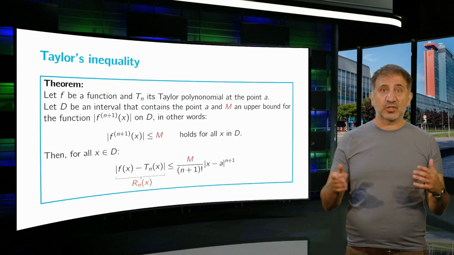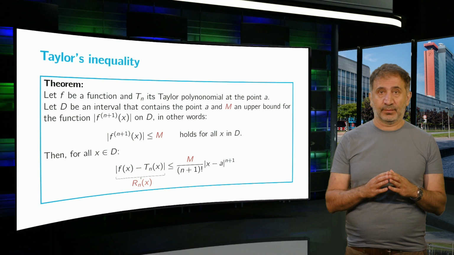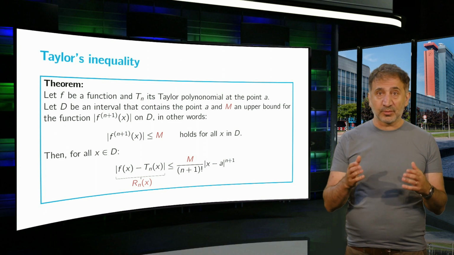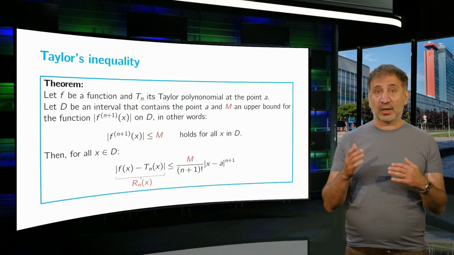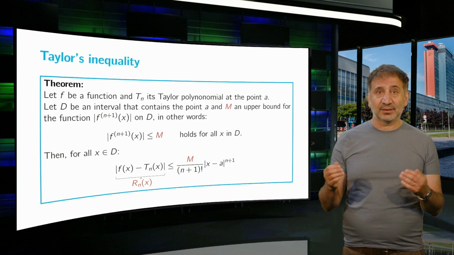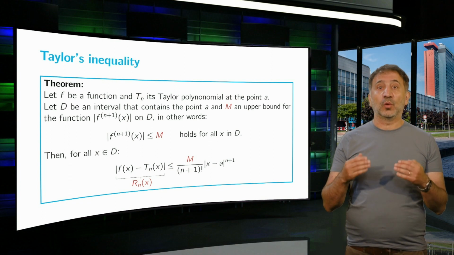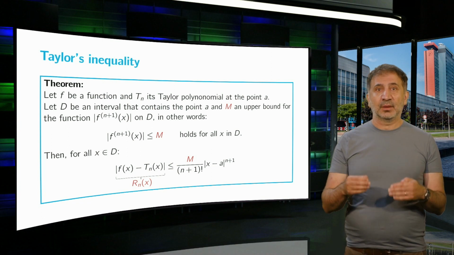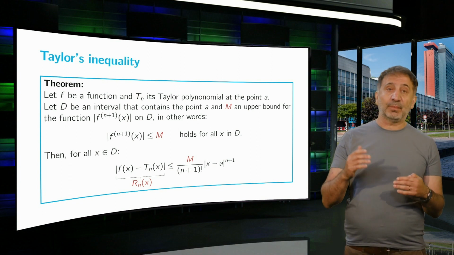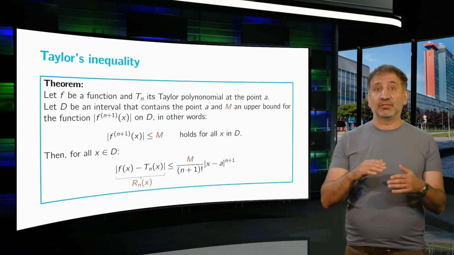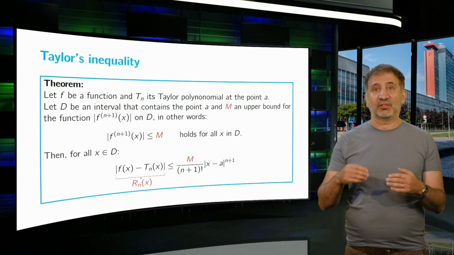Suppose we have found such a positive upper bound M. Then the theorem states that for all points x in the interval D, the approximation error R_n of x is smaller or equal to M times the absolute value of x minus a to the power n plus 1, divided by n plus 1 factorial.